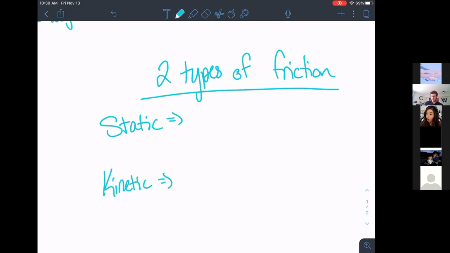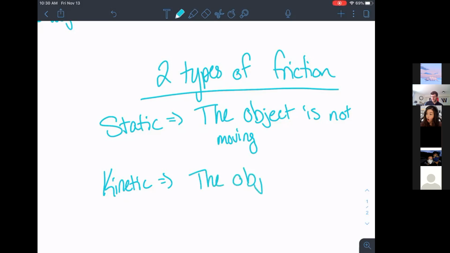So static friction is when the object is not moving, but there's friction present. Kinetic friction, because kinetic, we'll talk about later, is about movement of particles or objects. So the object is moving. And so static friction means friction is holding it still.